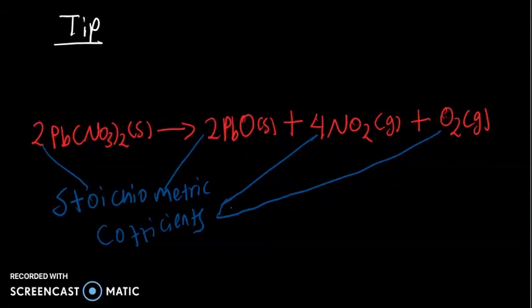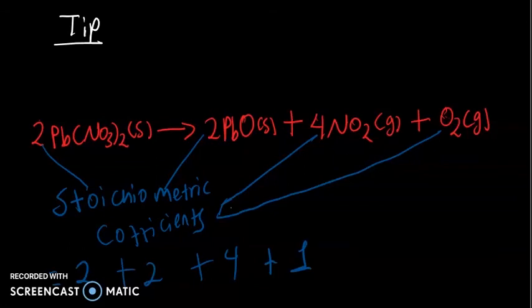For example, in an exam situation, when you're told to balance an equation like this and add the coefficients of the formulas, what this means is you have to add the coefficients. So we have 2 for lead nitrate, plus 2 for lead oxide, plus 4 for nitrogen dioxide, plus 1 for oxygen.